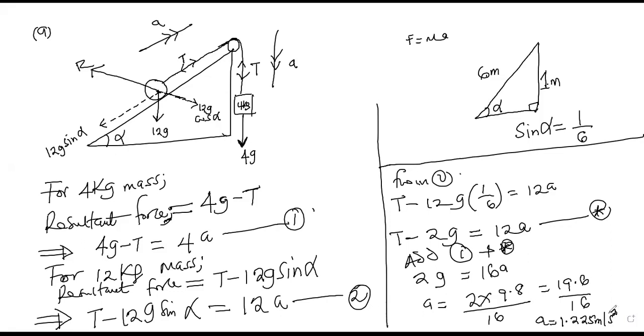Now, it's from this background that we can get the tension. Since we have equations 1 and 2, you can substitute in the easier one and I can get the tension. From equation 2, T is equal to 12A plus 2G.